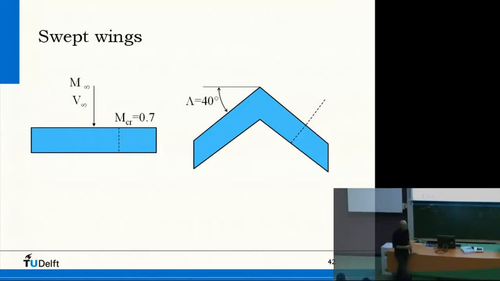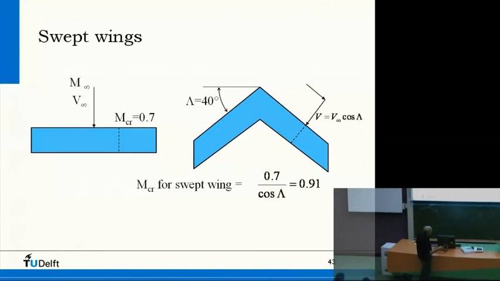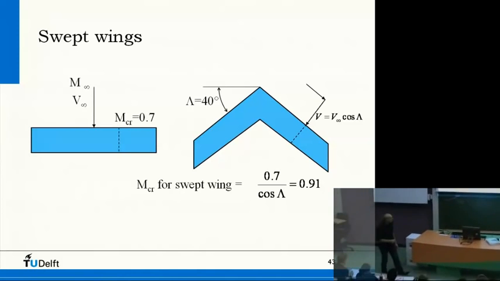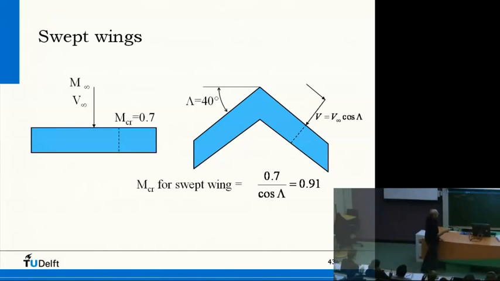If we now sweep the wing like this for 40 degrees, then what really happens is that what the airfoil sees in this situation is in fact this velocity. There is of course also a velocity in span direction, but the effective velocity making the pressure distribution is not V, it is V infinity cosine lambda, which makes the M critical for this swept wing not 0.7, but 0.7 divided by cosine lambda, which is 0.91.